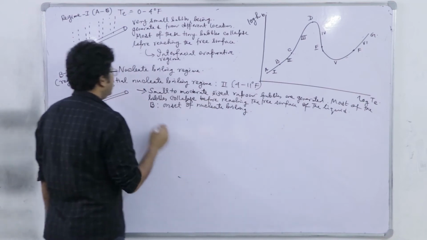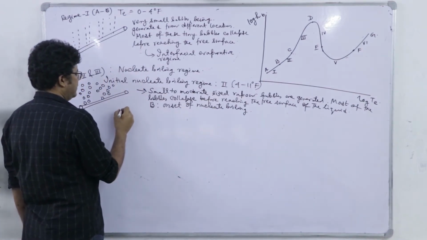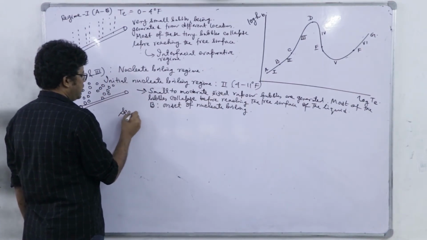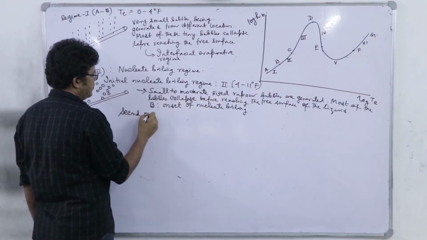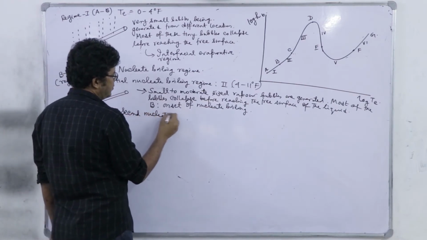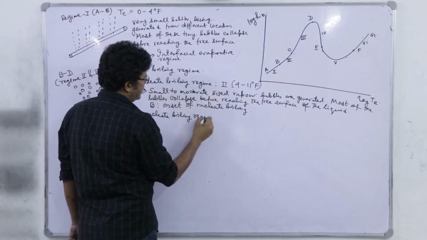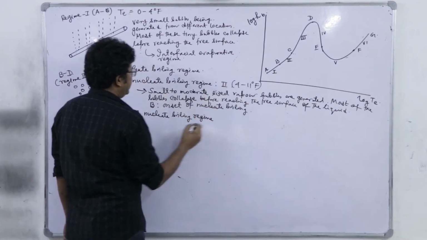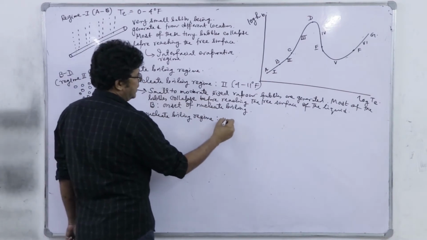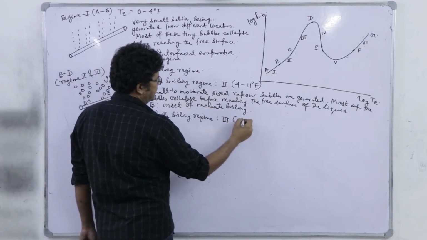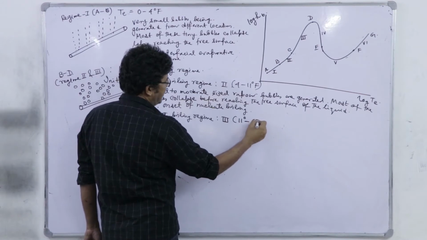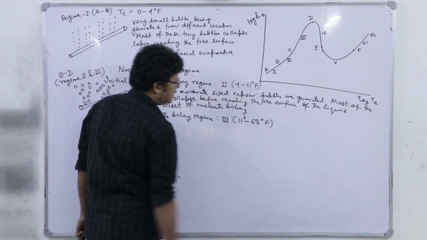right. Next is the second nucleate boiling regime. So, that is regime 3, and here the temperature is 11 to 65 degree Fahrenheit, right.